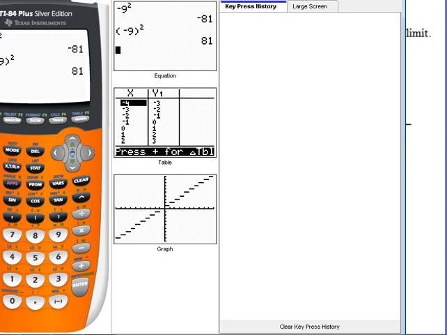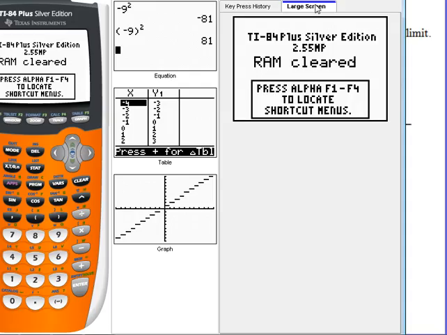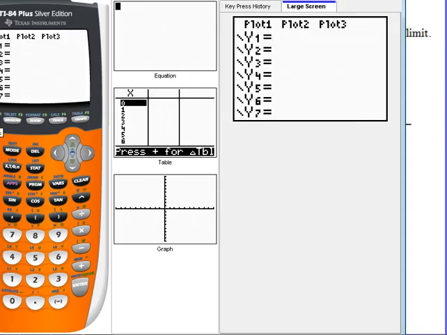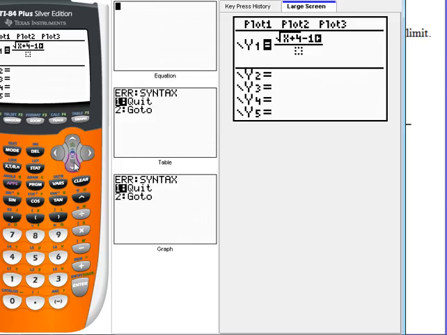Okay, I would clear it, so make sure nobody messes with it. And then you're going to put your function in. So our function was what? Help me out. It was the square root of x plus 4 minus 1 on the outside, over x plus 3.